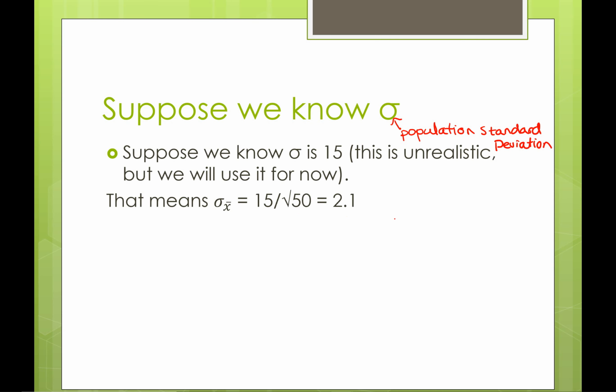So let's first figure out the standard deviation of the sampling distribution. We're assuming the population standard deviation is 15, so it's 15 divided by the square root of 50, our sample size, and we get 2.1 as our sampling distribution standard deviation.